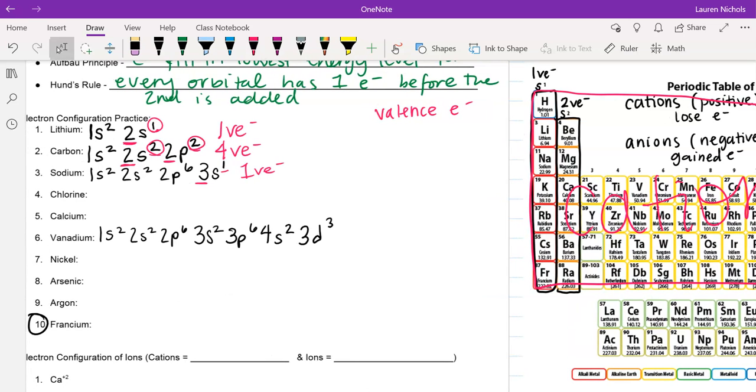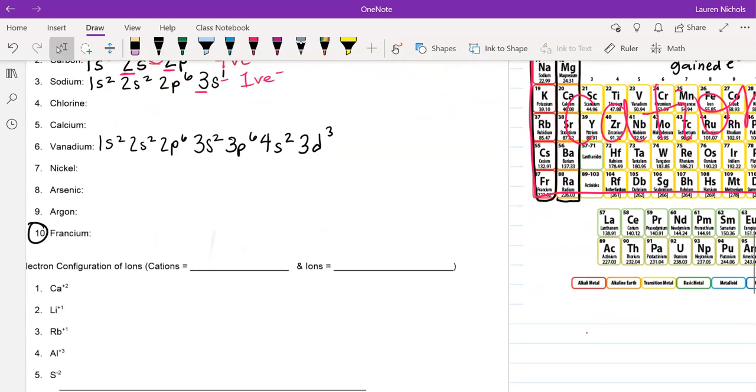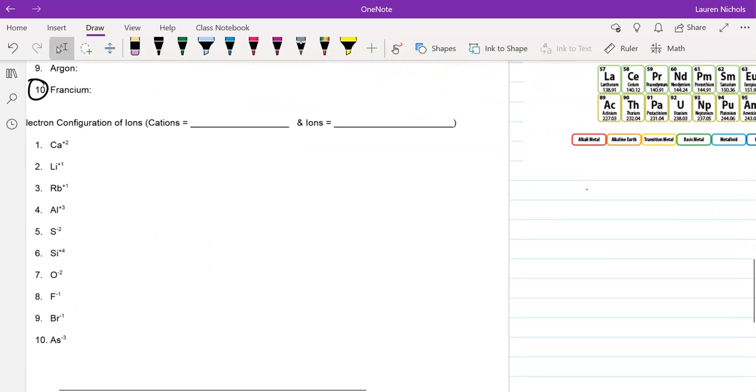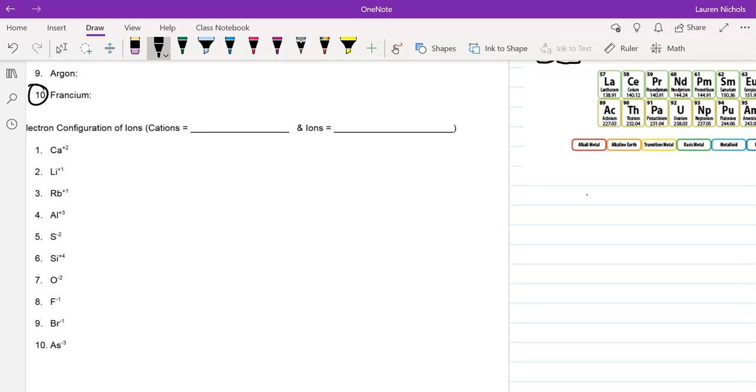So for example, if we look down at some of these ions, we know that cations are going to lose electrons, and anions are going to gain valence electrons. Remember, our cations are positive and anions are negative.